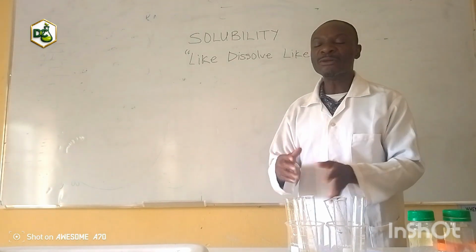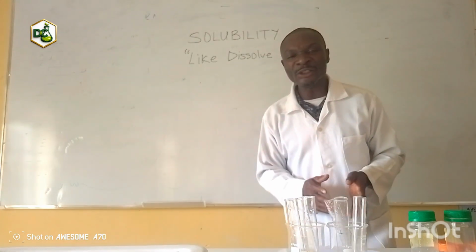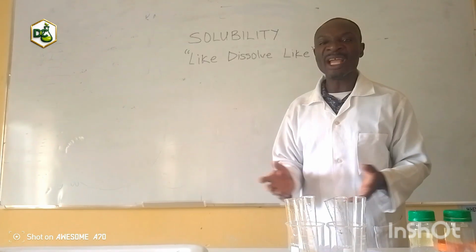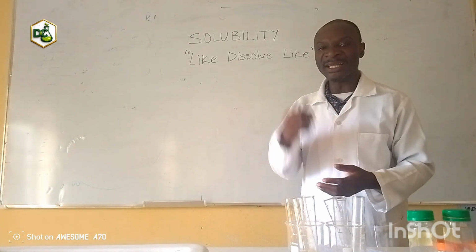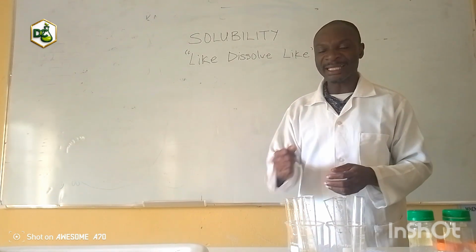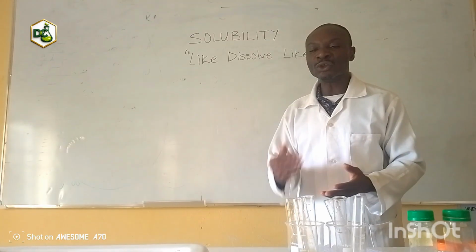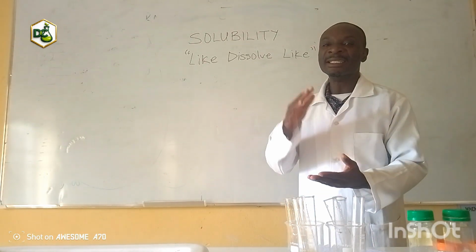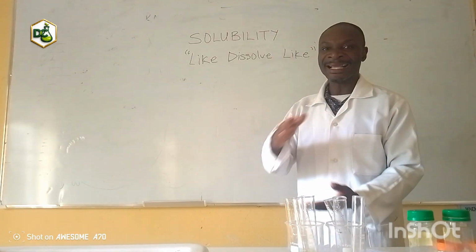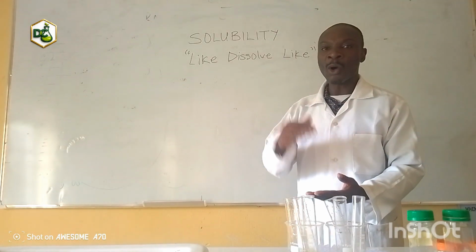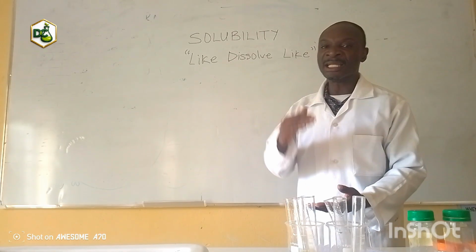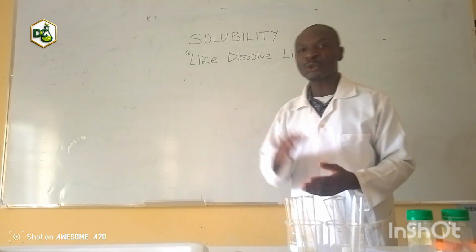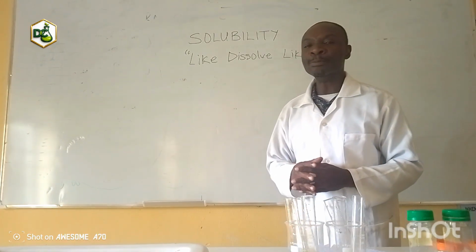So that is liquid. But if you introduce a given liquid into another and make some effort to mix them together by shaking or agitating, and after that is done, you leave it for a while, and you see that the two liquids separate again and have a boundary, one at the upper layer and the other at the lower layer, it then means that those two liquids are immiscible.